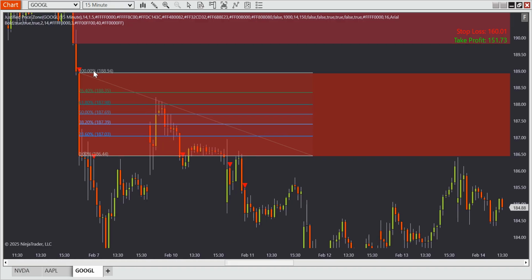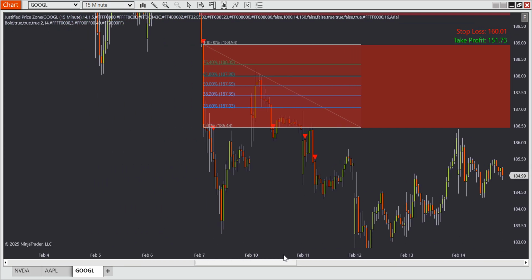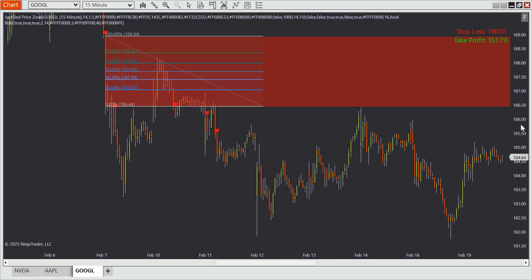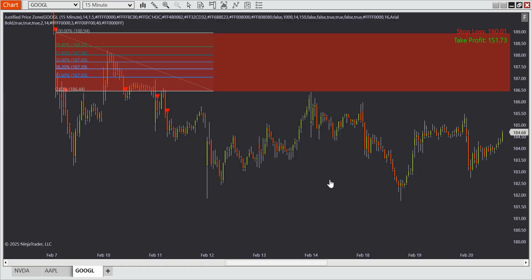You could very reasonably expect that this gap would stay open with the sell signal in the top of this zone holding, which we very much see that it does. And one last wick before it makes a new lower low.